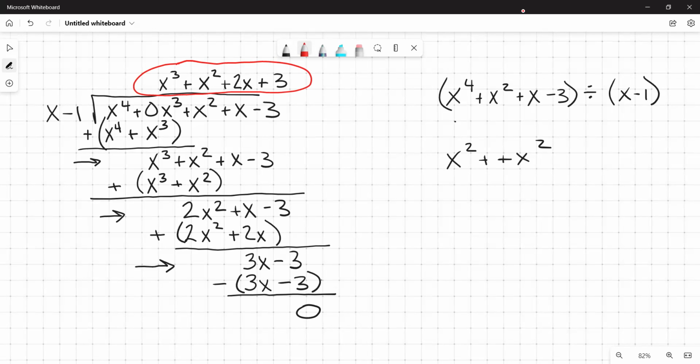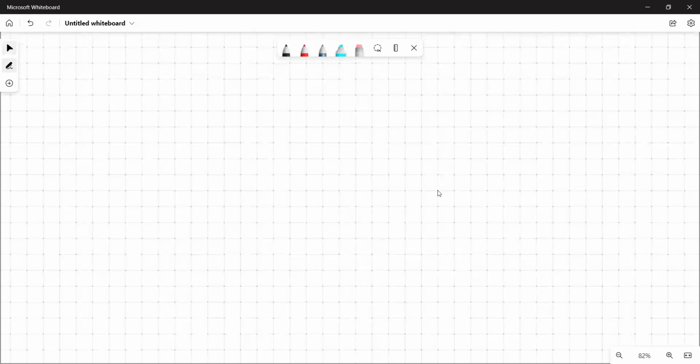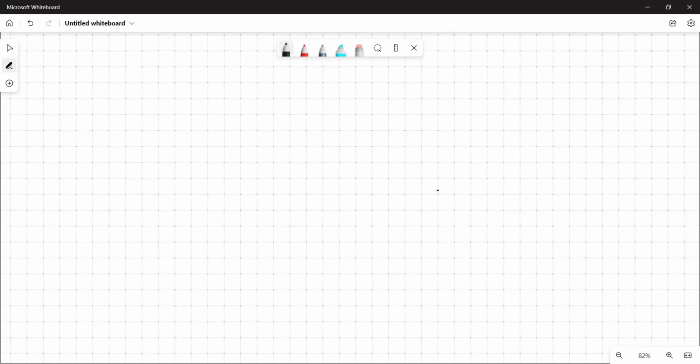Y'all think you got it, or you need to see another one? Let's do one more. Let's take h to the third minus 4h plus 12 and divide it by h plus 3.